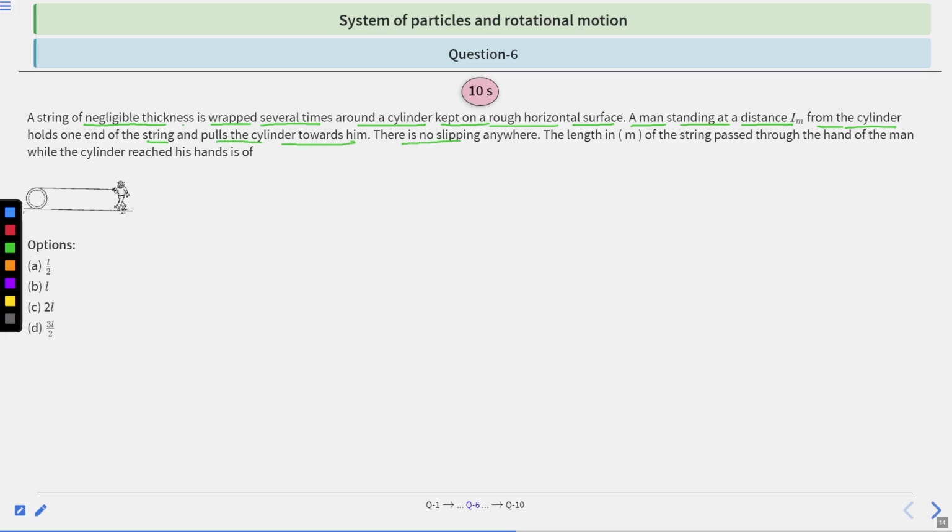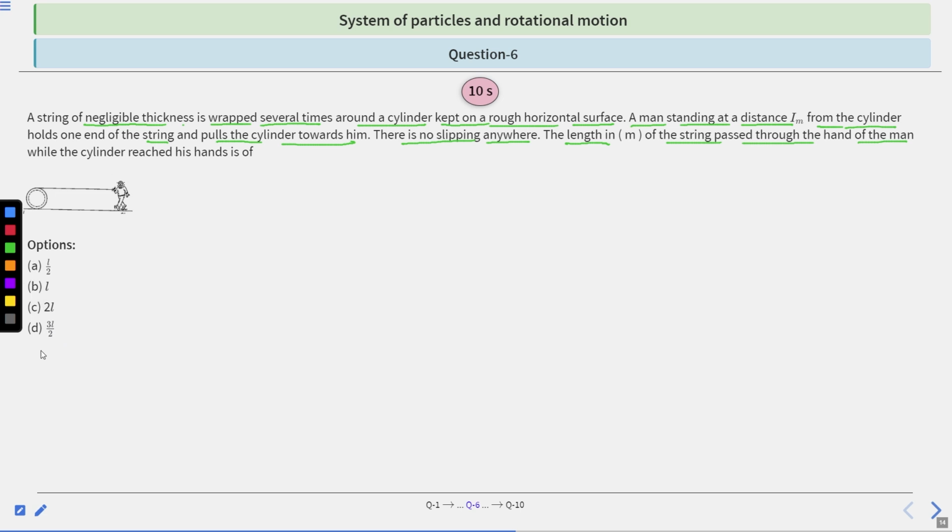There is no slipping anywhere. The length in meters of the string passed through the hand of the man while the cylinder reaches his hands is? The options are A, L by 2; B, L; C, 2L; and D, 3L by 2.